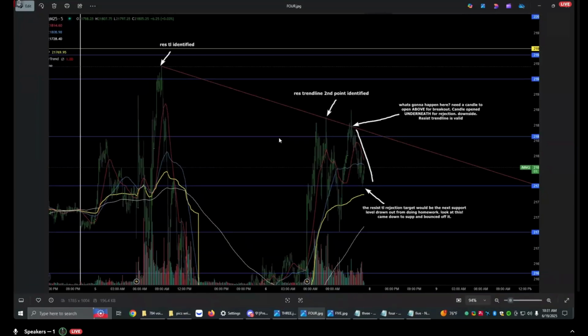And it looks like in this case, I probably should have just deleted it because it got broken here, it got broken here. I guess it sort of got respected here, but I probably should have just deleted it. This one up here was pretty valid. I like to look at the body of the candle and where the top of the body ends. That's how I kind of do my supports and resistances.